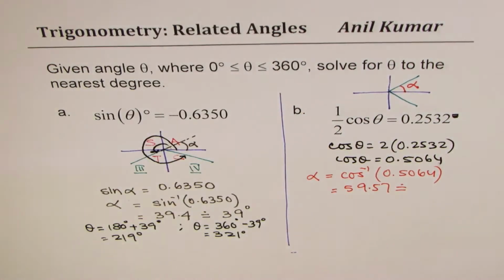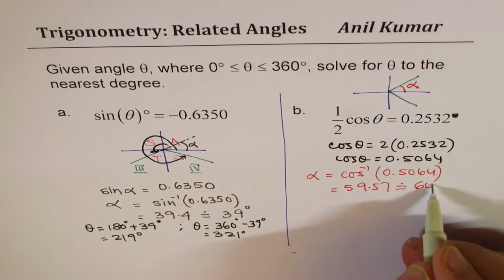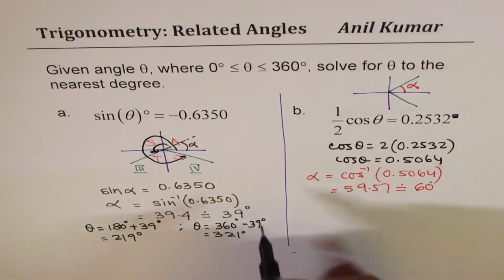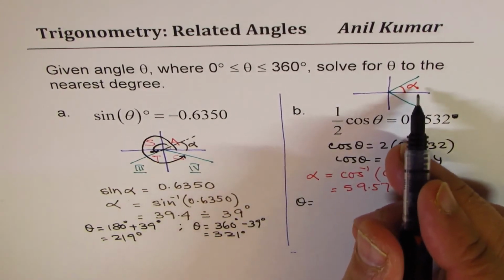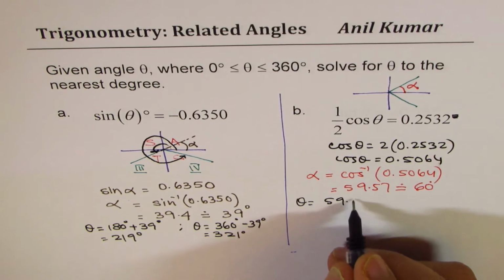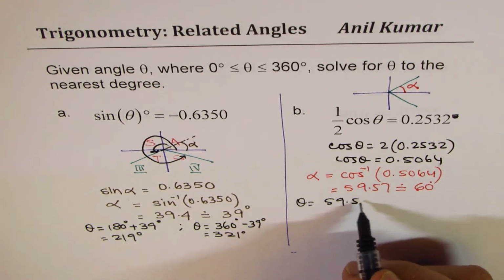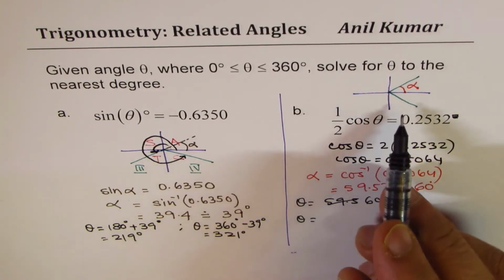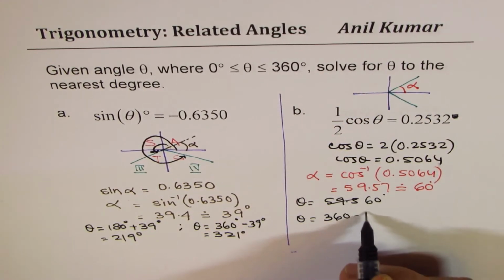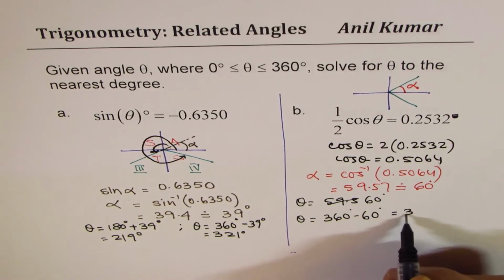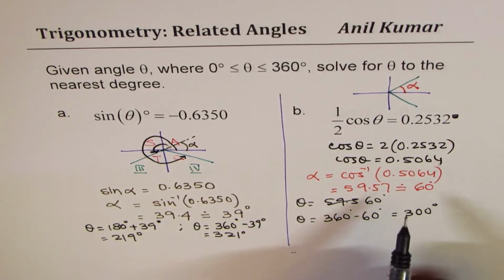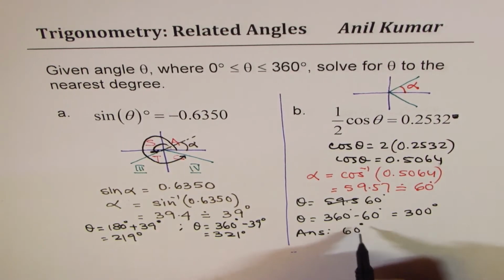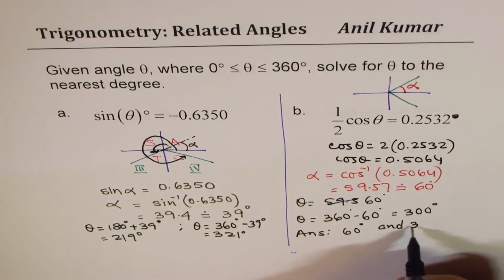Rounded to whole numbers, we get 60 degrees. So that is alpha. So what is theta equal to? Theta is equal to alpha, quadrant 1, which is 60 degrees, or theta is equal to 360 minus 60 degrees, that is 300 degrees. So we have two answers for the second part also, the answers being 60 degrees and 300 degrees.